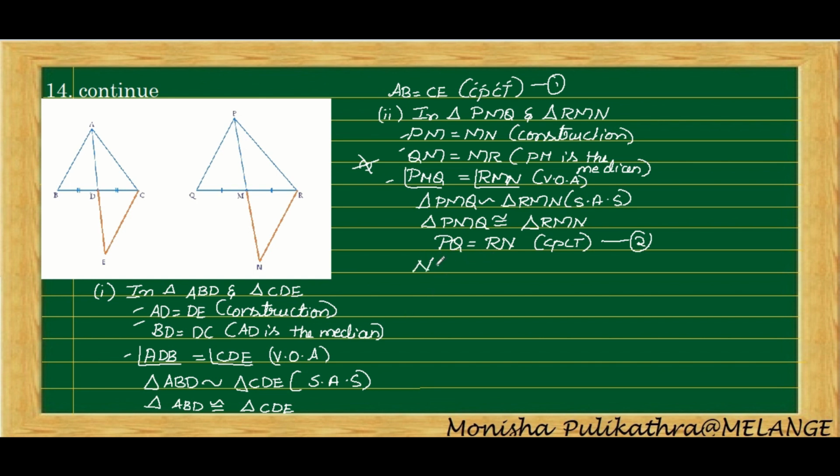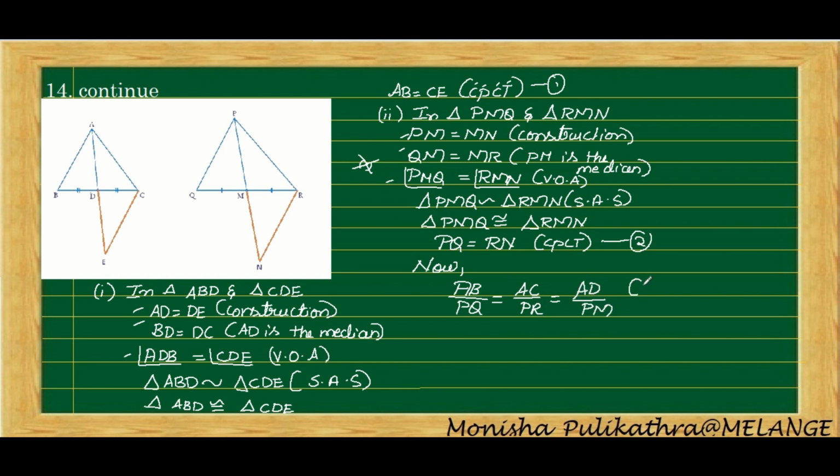Now, in the question they have given that AB and PQ, AC and PR, and AD and PM are corresponding sides which are proportional to each other. We will take that given data itself. So AB by PQ is equal to AC by PR is equal to AD by PM.